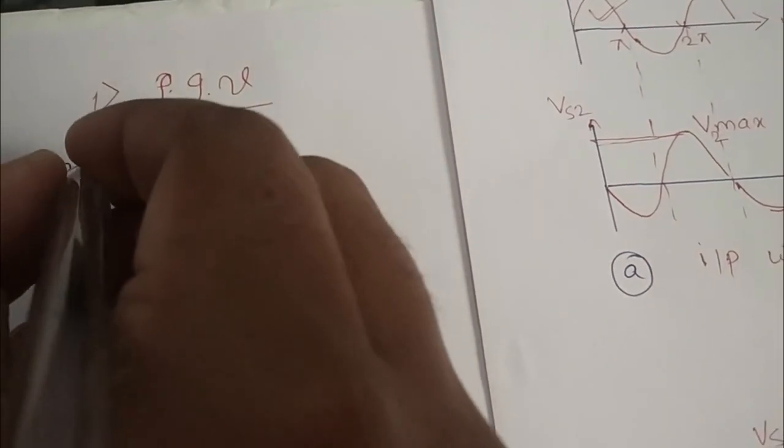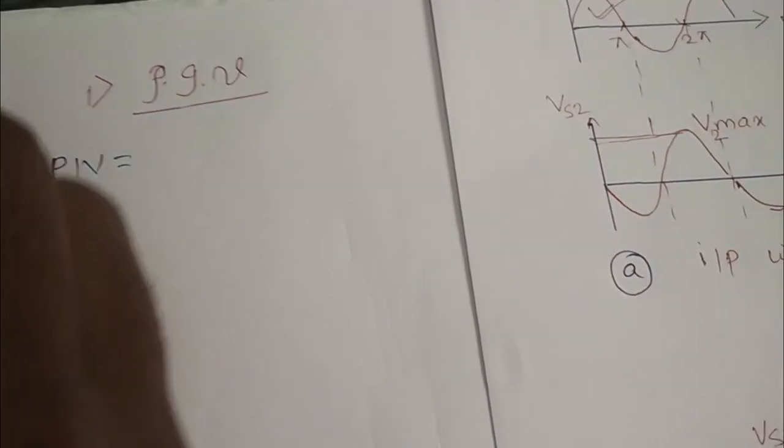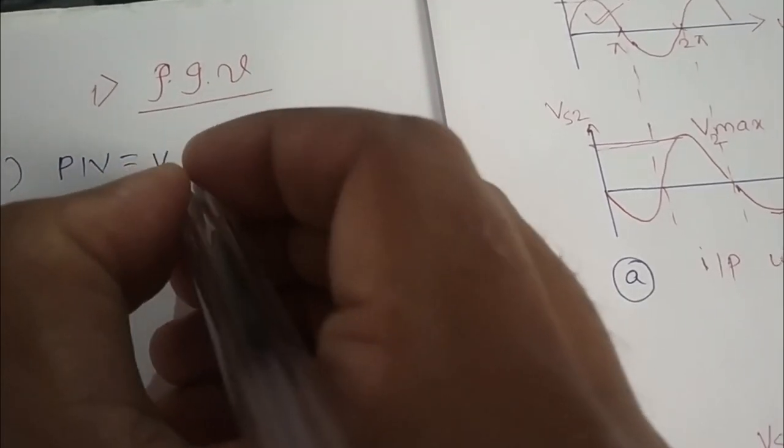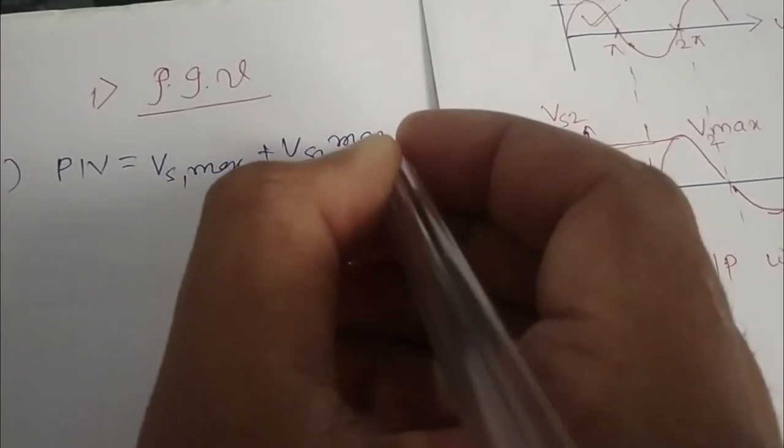So PIV for the center tap full wave rectifier will be equal to, let us write it for diode 1. For diode 1 it will be due to Vs1 max plus Vs2 max.